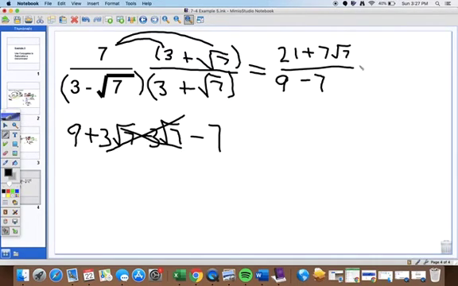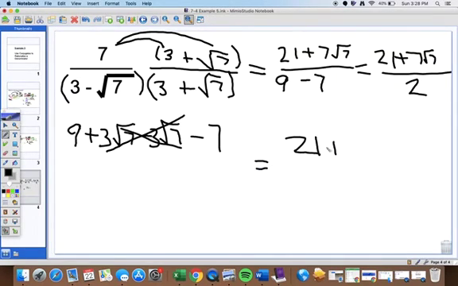And like I've always told you guys, I'm kind of lazy. So you wind up with 21 plus 7 times the square root of 7 all over 2. Okay, so I'll rewrite this so it looks a little better. Hopefully this is starting to make some sense to you.